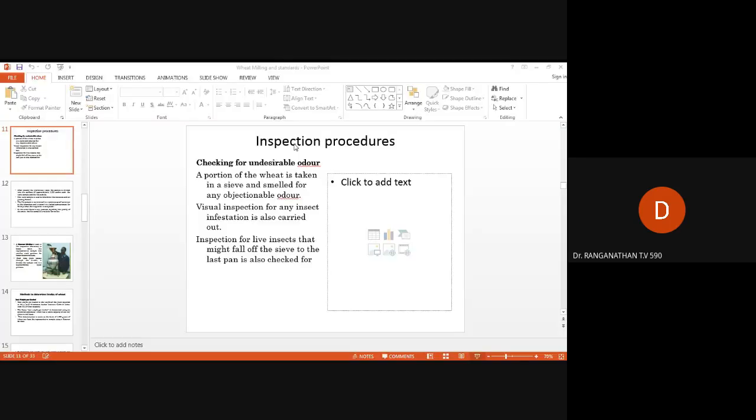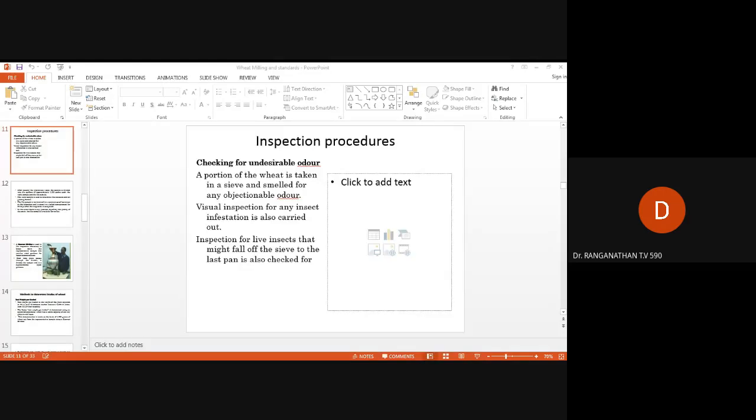In the case of rice, if you remember, you can differentiate a basmati rice from ponni or any other thing. In the case of basmati, you can observe that the length is much greater than the breadth. This is what is called the slender varieties.